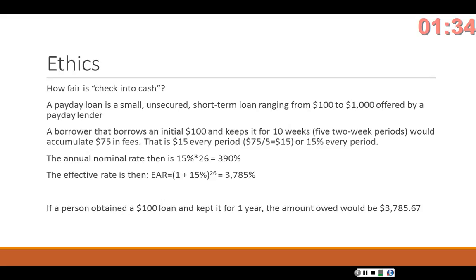So if a person got a $100 payday loan and kept it for 26 2-week periods, so 52 weeks, 1 year, at the end of that year, they would owe $3,785.67. You can put this in your calculator if you don't believe me.